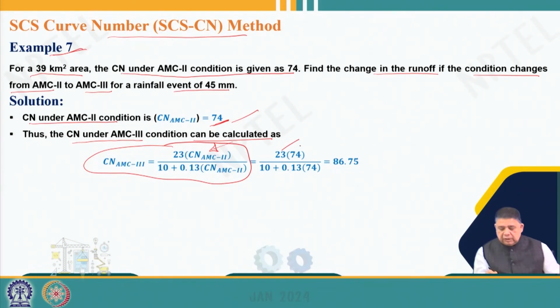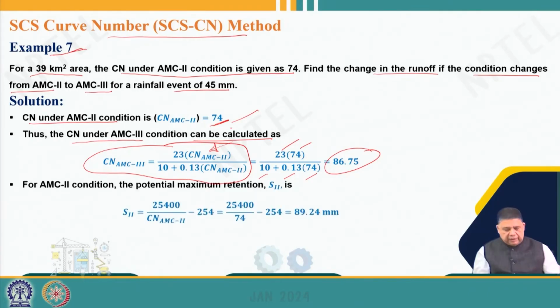So we get 23 times 74 over 10 plus 0.13 times 74, and the curve number for AMC3 comes out to be 86.75. It is higher because we remember that AMC2 is the average condition, whereas AMC3 is the wet condition. That means we will have higher runoff in this case because the wet condition is already there. So for the AMC2 condition, the potential maximum retention S2 is calculated using this relationship.